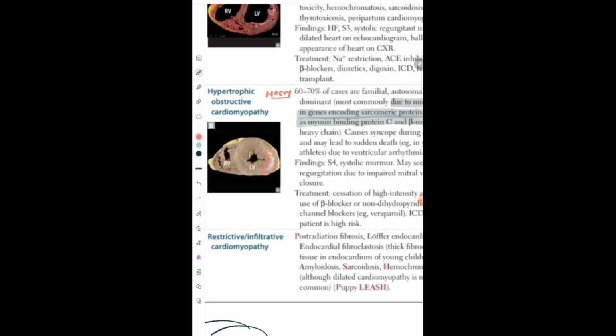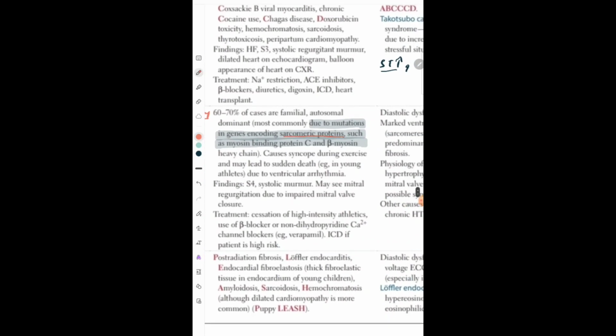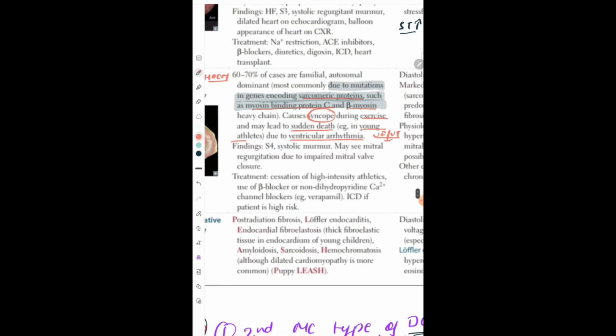It is commonly seen in athletes, and it is due to a mutation in some sarcomere proteins, myosin binding protein C and beta myosin. Syncope due to exercise may lead to sudden death in a young athlete due to ventricular fibrillation or VT, because they are deadly. There is an S4 sound, an ejection systolic murmur, and mitral regurgitation may be seen due to impaired valve closure.